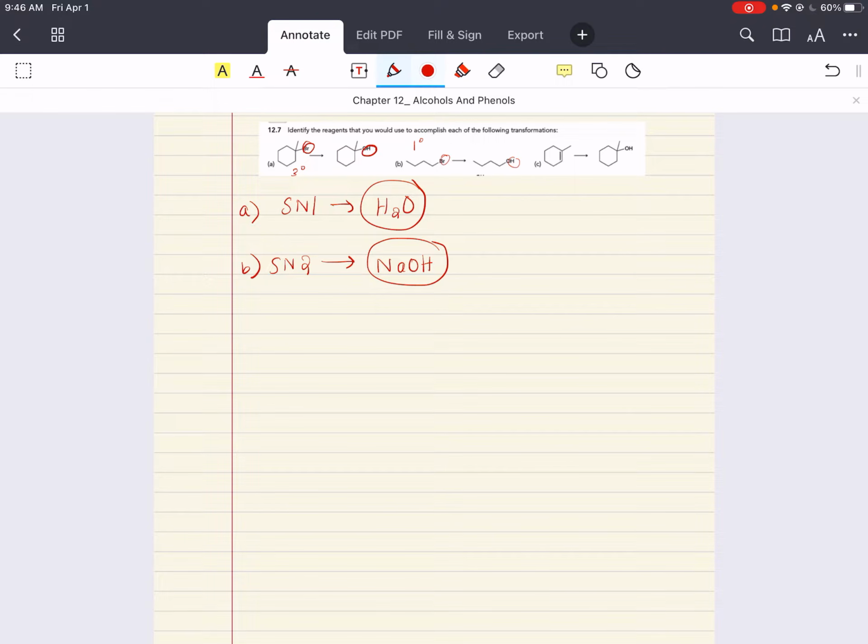All right, now if we look at C, what we're doing is we're starting off with this double bond, and what we're going to be adding is an alcohol group to the more substituted position, hydrogen to the least substituted position. You can do this either through acid-catalyzed hydration or oxymercuration-demercuration, because you're not going to have to worry about carbocation rearrangement.